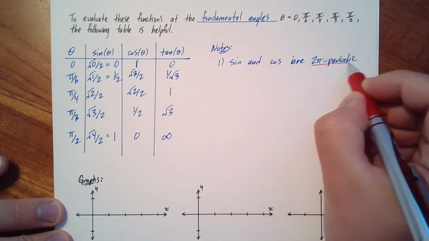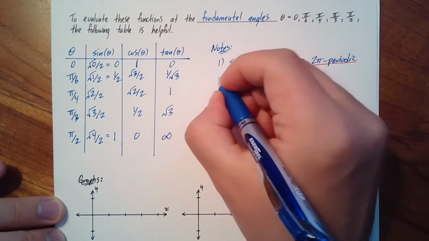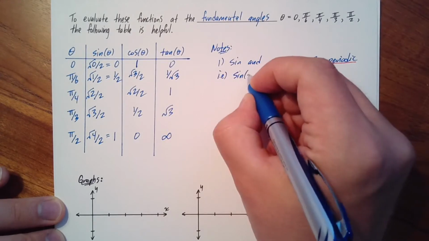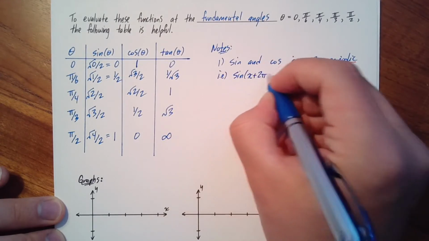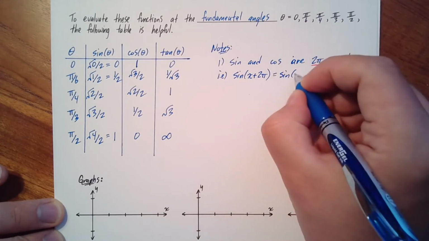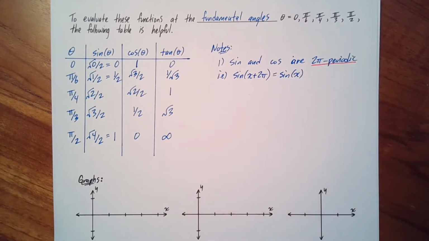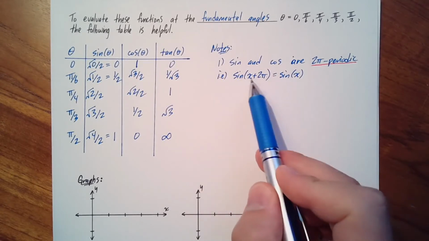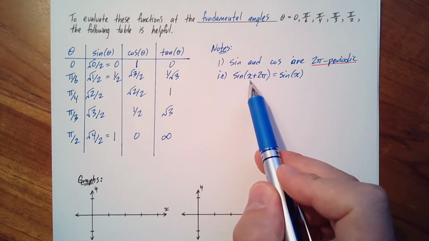It means they repeat every 2 pi. So in other words, sine of x plus 2 pi is equal to sine of x for every real number x. Okay, that's what that means. So it's not just for one number x. This is true no matter what value of x you take in the real number system.